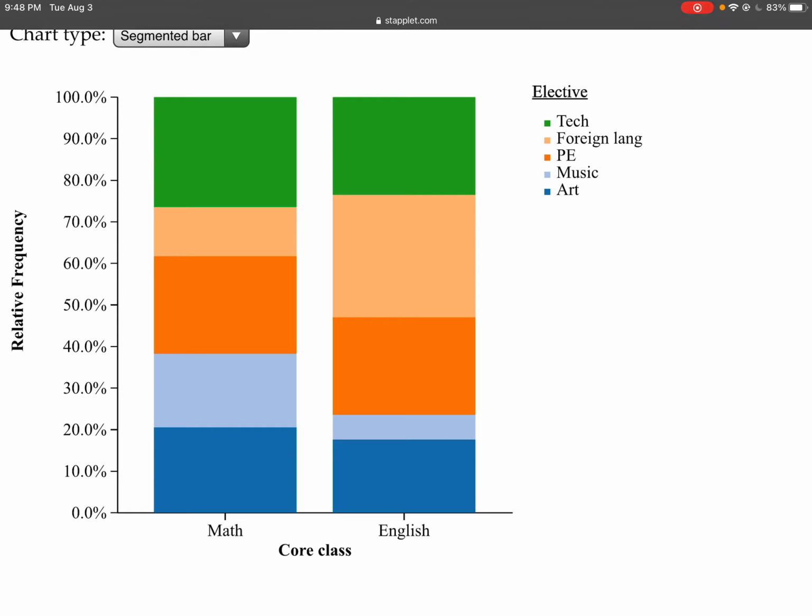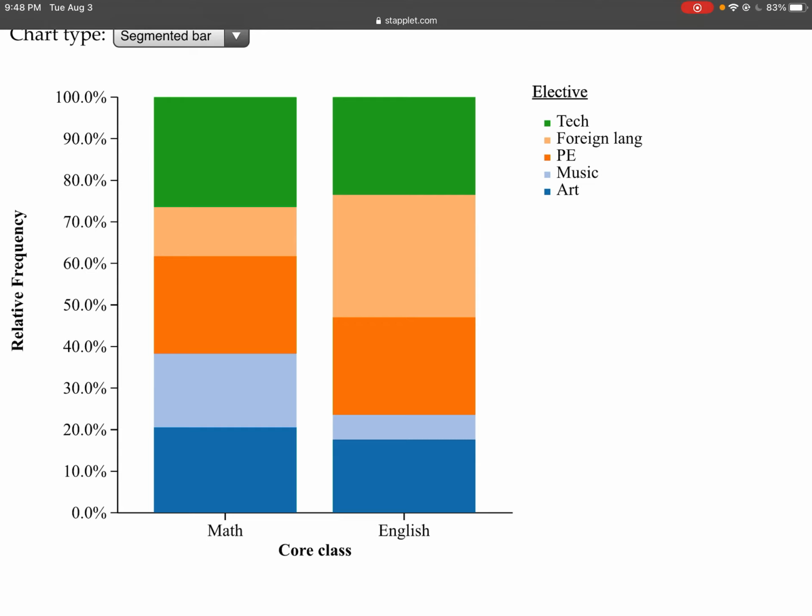We're going to first look at the light orange segments, right? I can see that our math folks are less likely to prefer foreign language. Their light orange segment is pretty small, and English folks are much more likely to prefer foreign language. So there's one difference between our two subgroups.